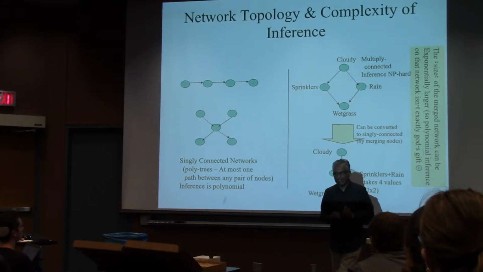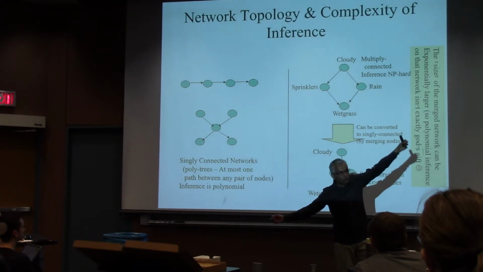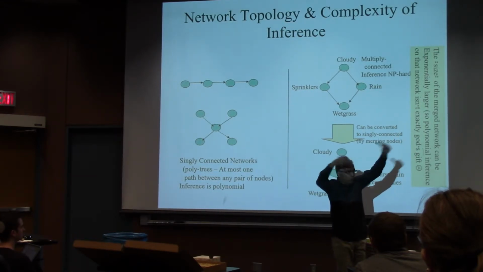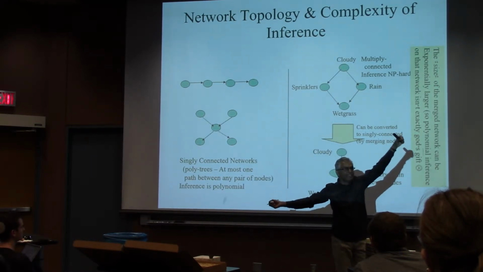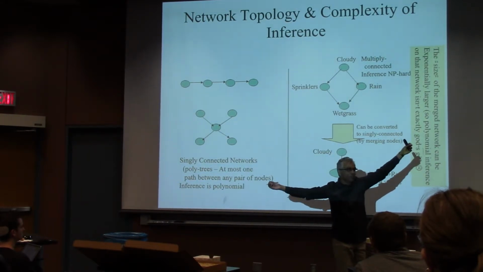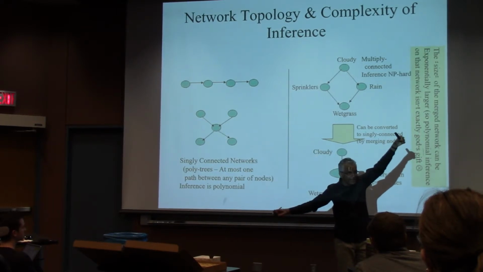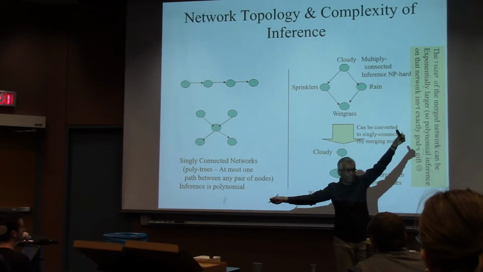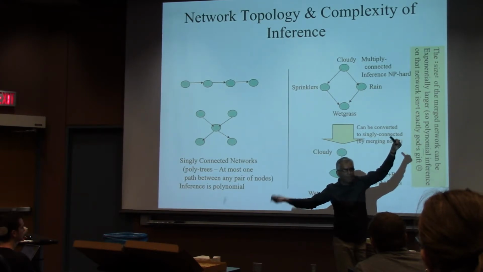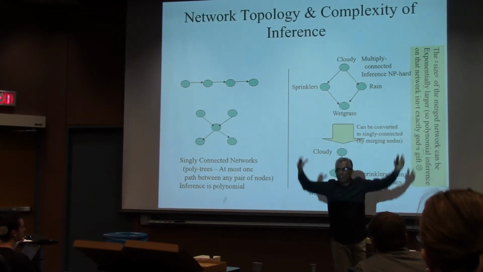A singly connected network is one where between any two variables in the network, if you ignore the arrow directions, there is at most one path. If they are disconnected, there is no path at all. If they are connected, there is one. A multiply connected network has more than one path.